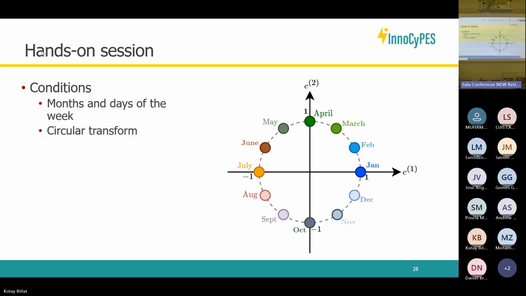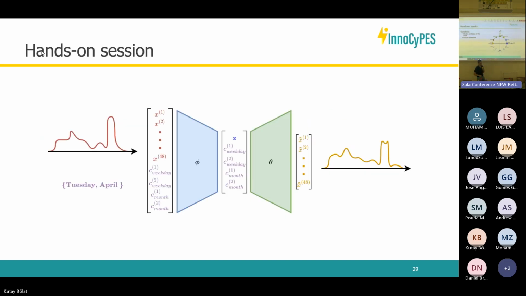Maybe not exactly the same, but it's going to be similar. And also, since there's a transition from December to January, they are circular. So we can apply some circular transformation. We can order these months, and also the days of the week, in a polar coordinate, and we can represent these months and weekdays as 2-dimensional vectors.